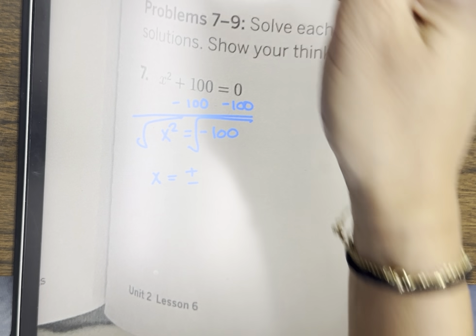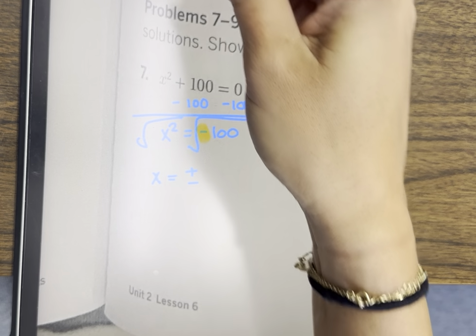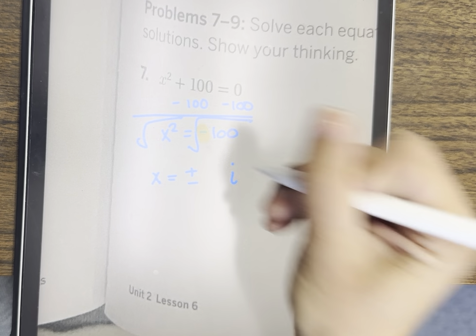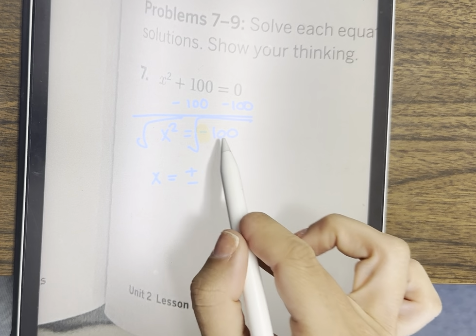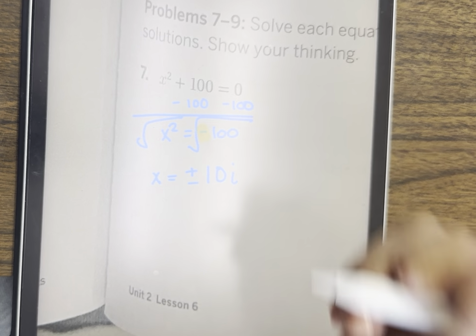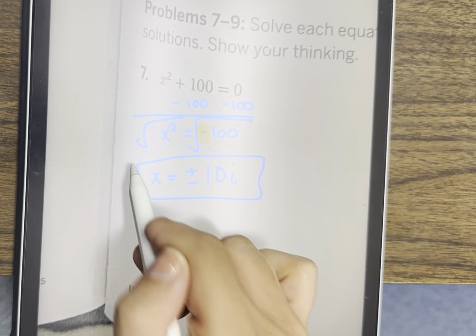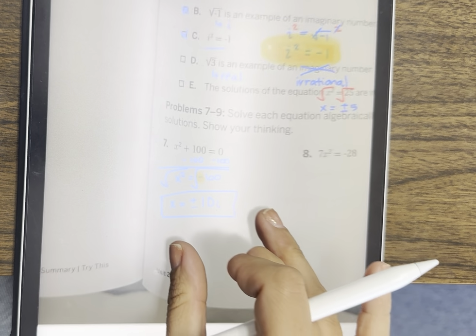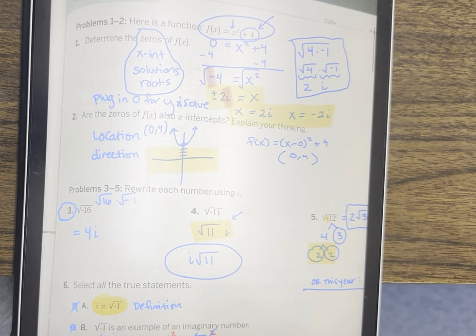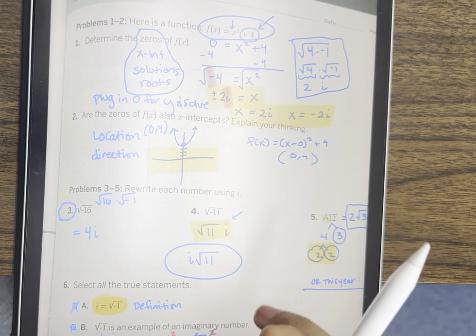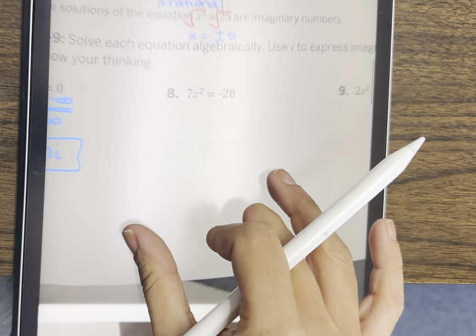The negative is going to be an i, and the square root of 100 is 10. There we go, boom, done, okay? Now, if you're confused on number 7, it's probably because you didn't watch when I did number 1. Go back to number 1, I do explain it in more detail there.